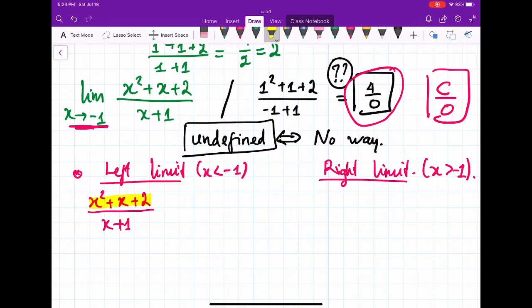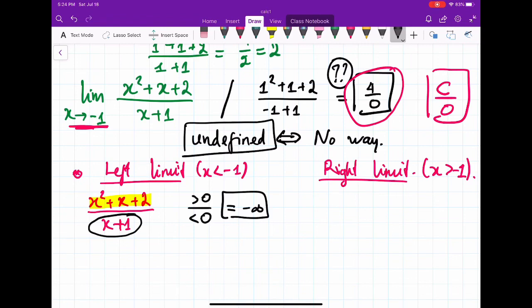But x plus 1 is negative, and not only negative, it's very close to 0. So you divide a positive number by a negative number very close to 0. It seems like the limit should be equal to negative infinity.